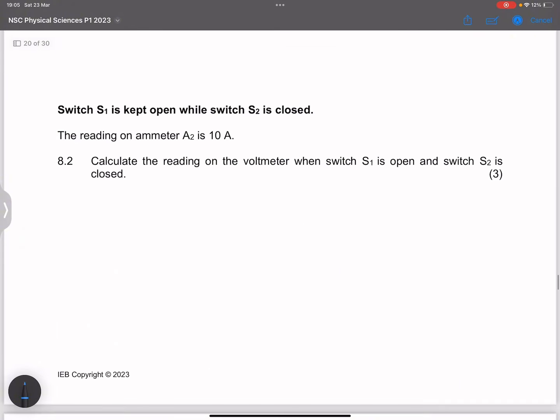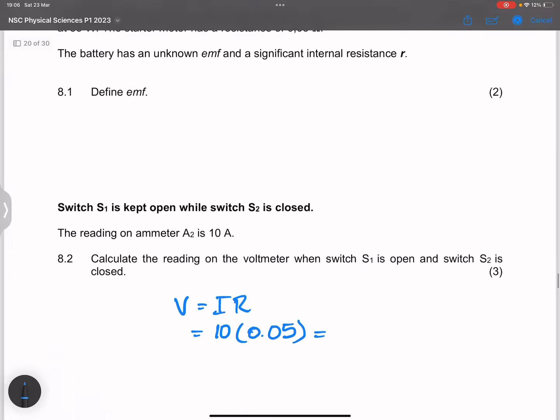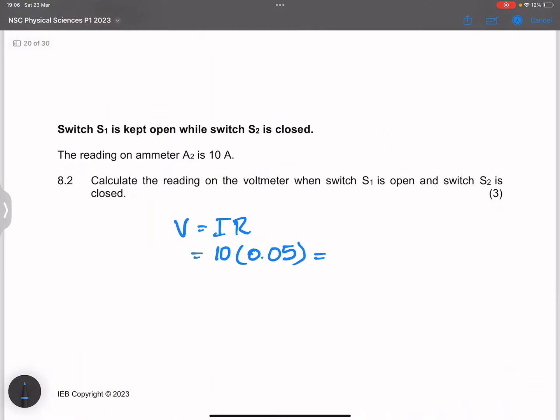So V is equal to I times R. That's 10 multiplied by 0.05, which means the voltage there should be 0.5 volts.